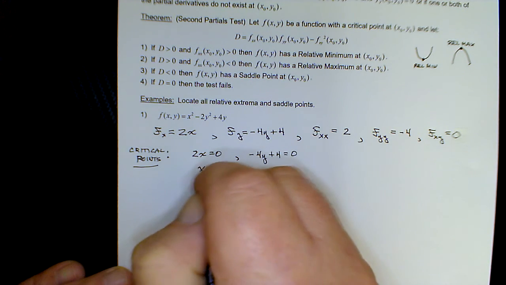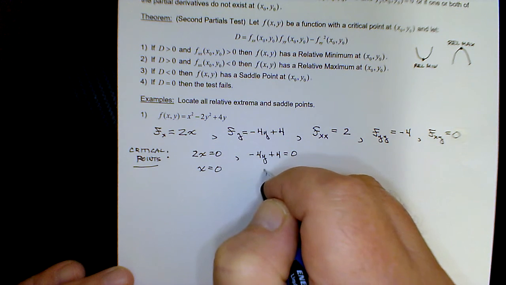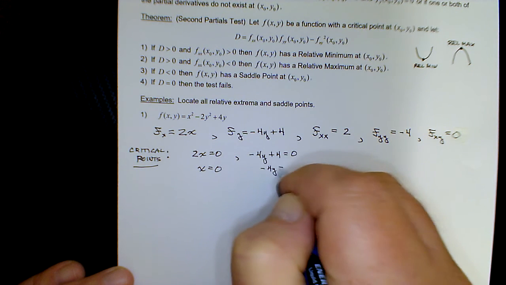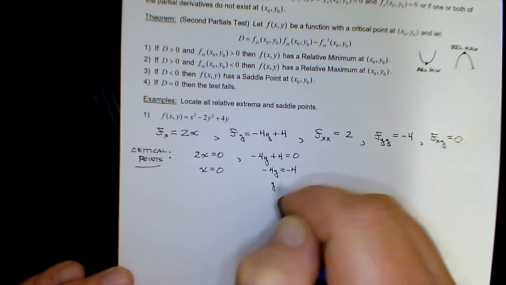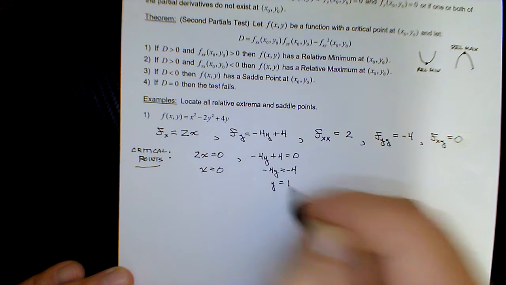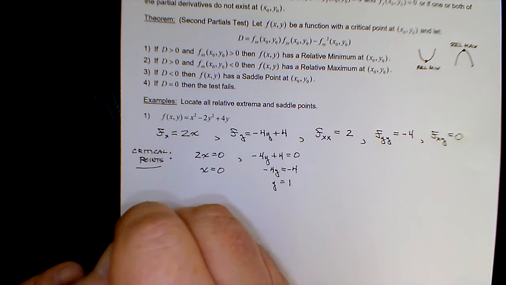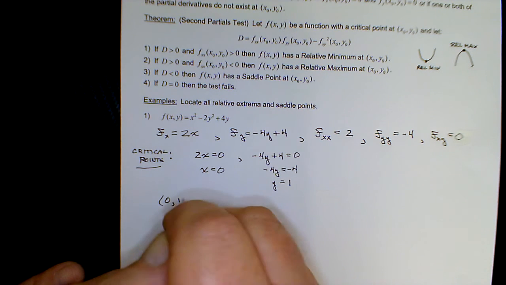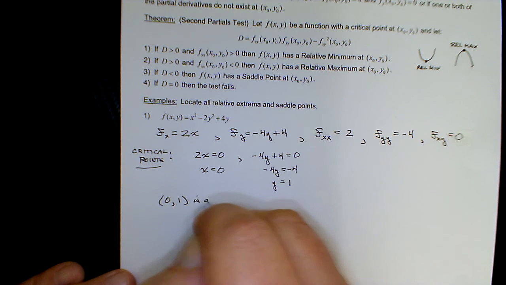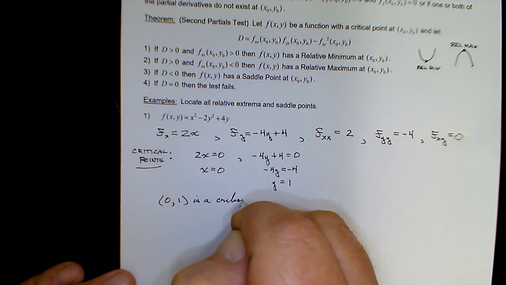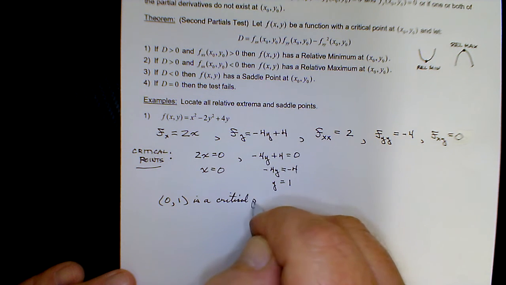And then we can see we get x equals 0, and here negative 4y is negative 4, so y is positive 1. So (0, 1) is a critical point, and it's the only one.